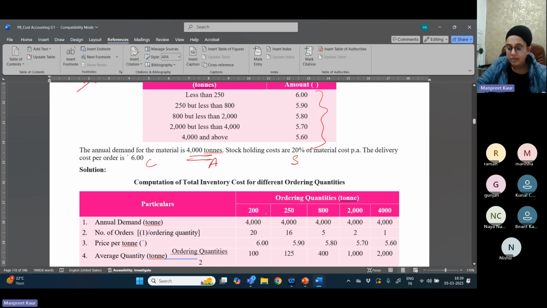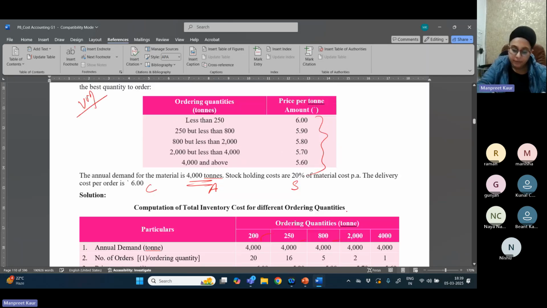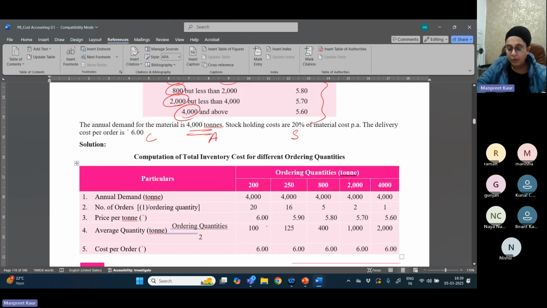Annual demand, in case we order 200 or 250 or 800, we pick those quantities: first less than 250, that is 200, then 250, then 800, then 2000, then 4000. Annual demand is the same.